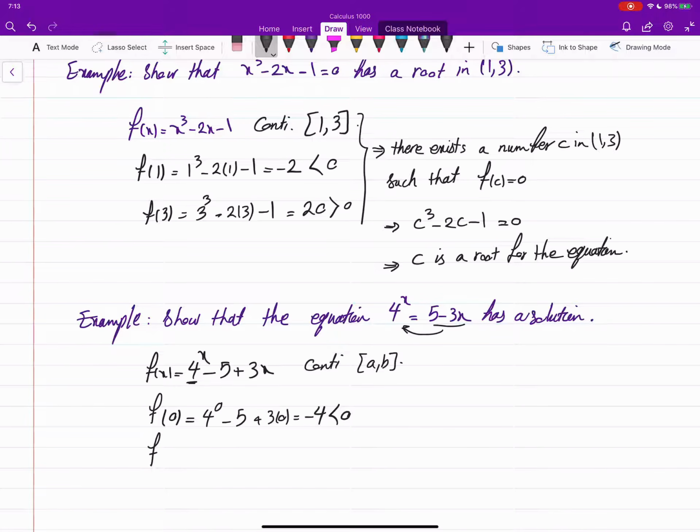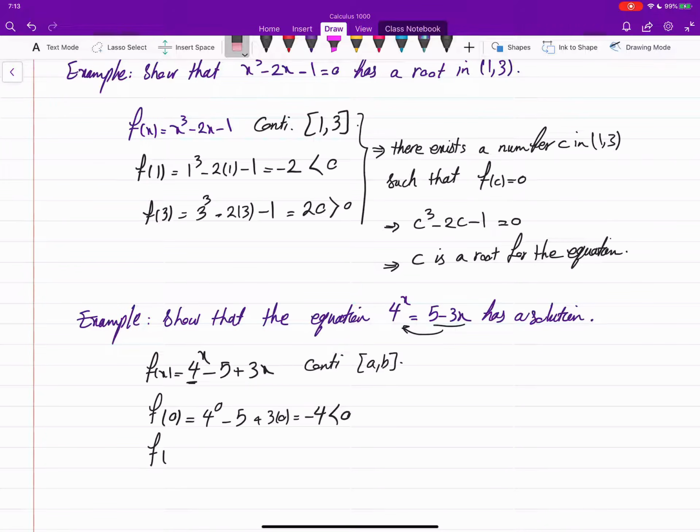What else? Okay, I can test another number. For example, do you think negative 1 is good? So if I plug negative 1, 4 to the power negative 1 minus 5 minus 3. This is definitely another negative number. I don't like negative 1 because the other one that I'm looking for needs to have a positive value when you plug into f.